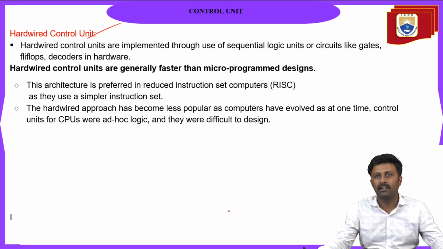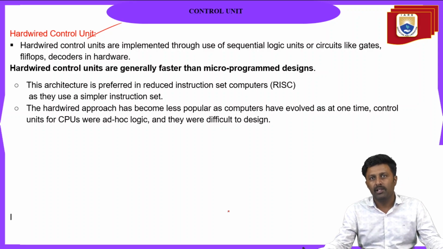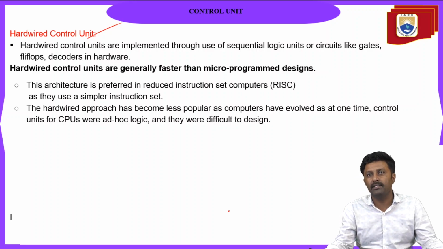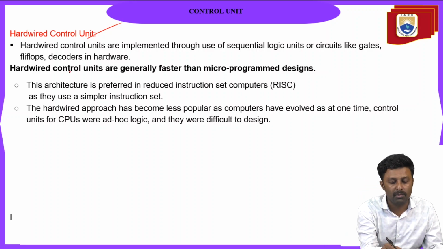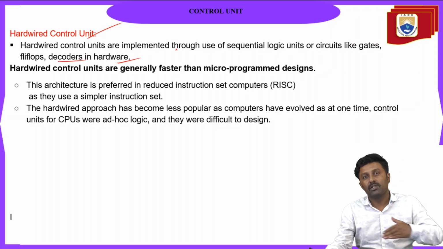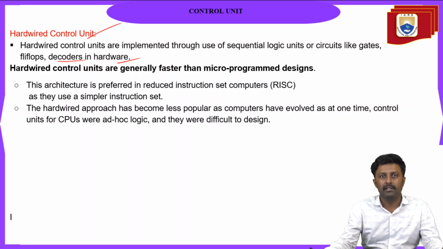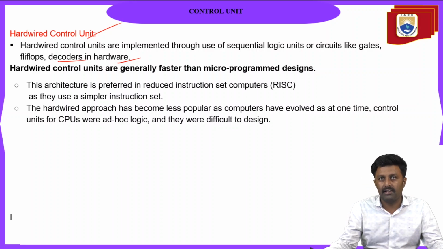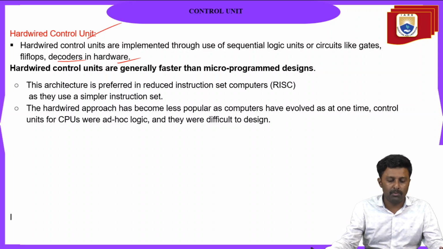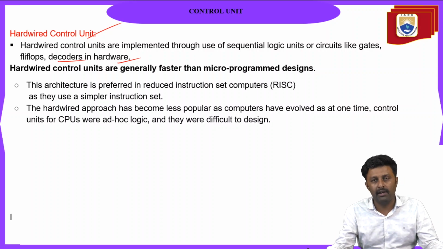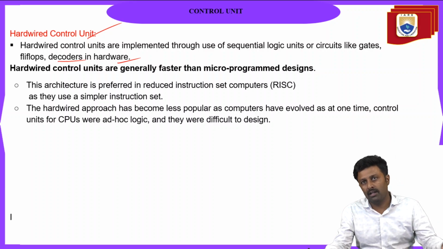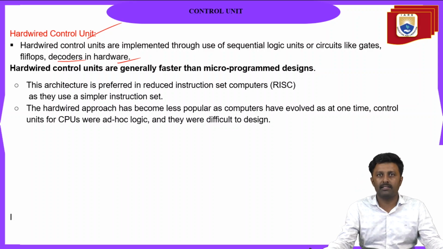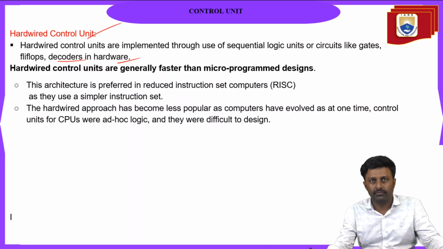The sequential circuit will have memory. The hardwired control uses sequential logic circuits like gates, flip-flops and decoders in the hardware, so that it has some sort of memory. Hardwired control units are generally faster than microprogrammed ones. If you compare a hardwired unit with a microprogrammed unit, the hardwired control is faster.